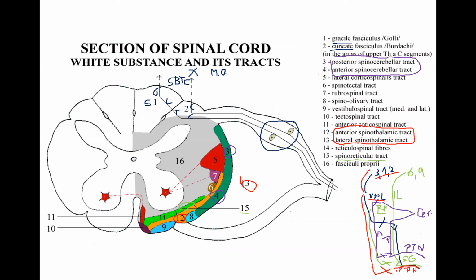Questions? I really recommend that for all the tracts we have talked about now, that means 4 ascending and 4 descending tracts, you read the summary of the tracts in Memoryx, so you will understand how they run and what they transmit. And then you can come back to this transaction and learn where they are located.